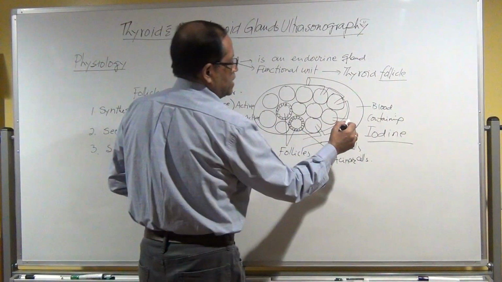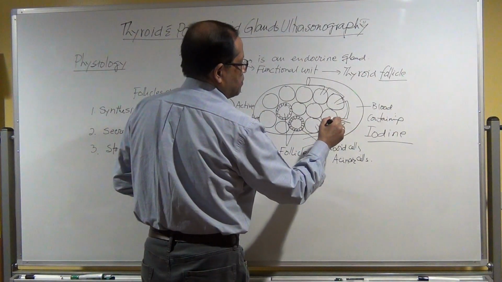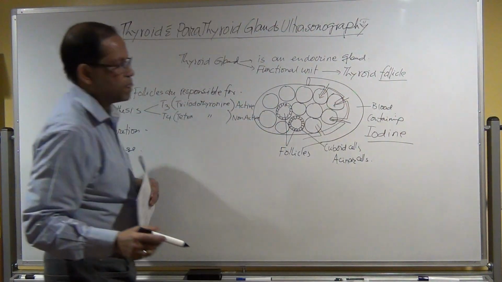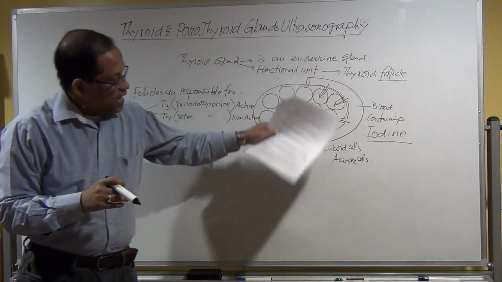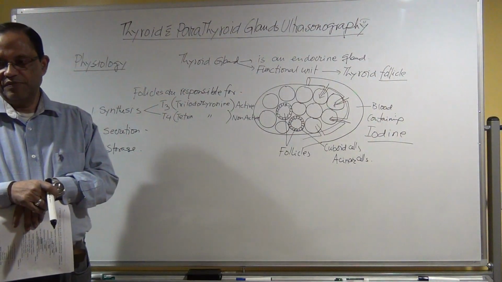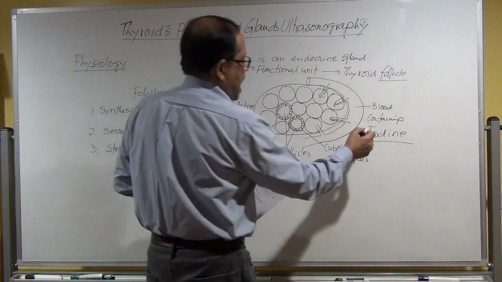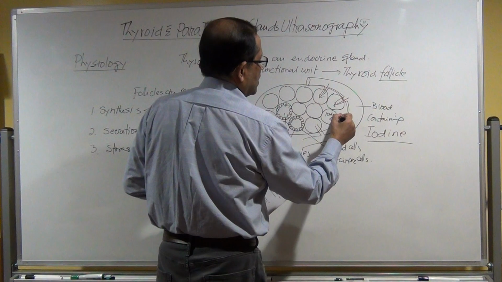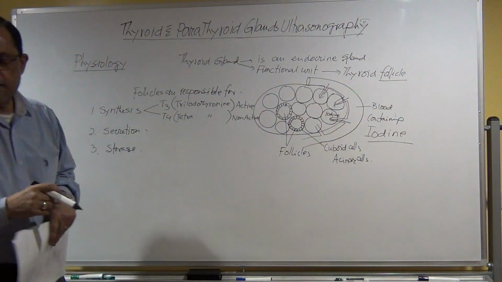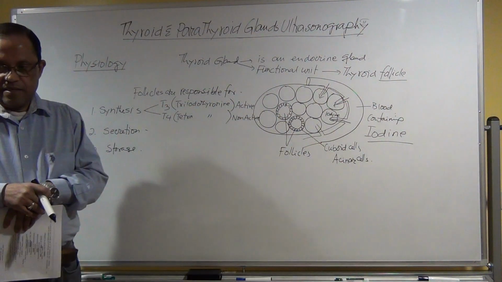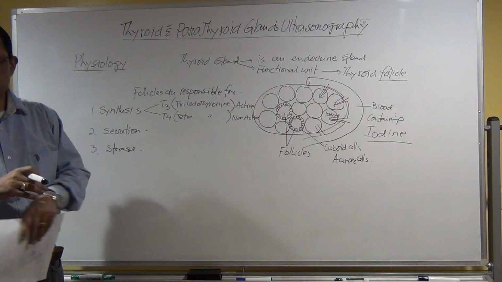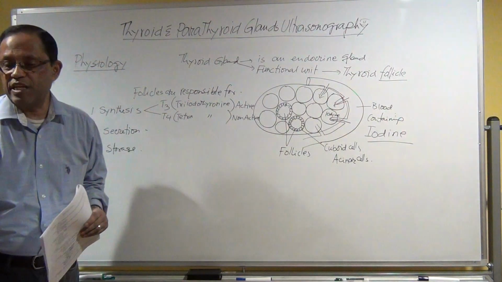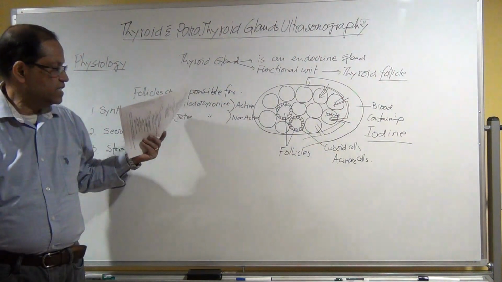So this iodine will be uptaken by the follicular cells. Iodine is taken up by the follicular cells. And this is the only ingredient or raw material for the T3 and T4.